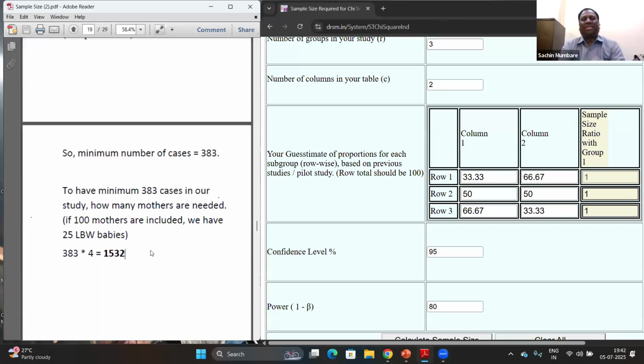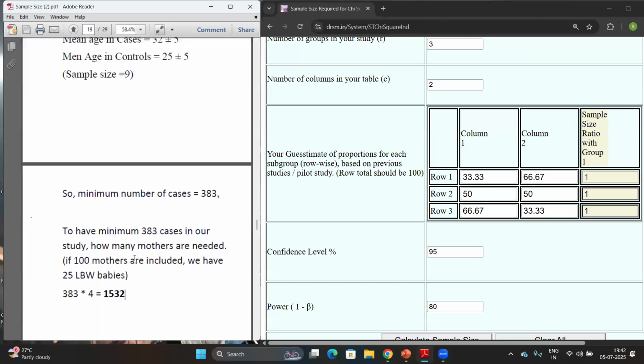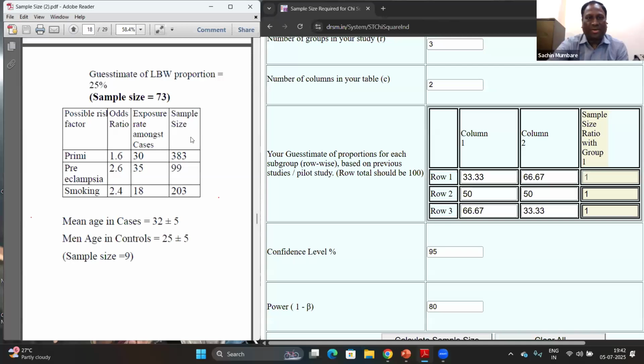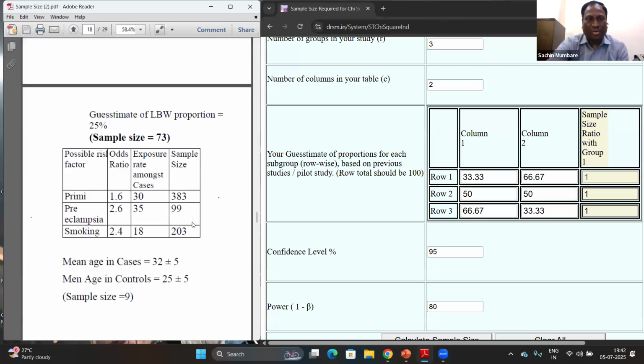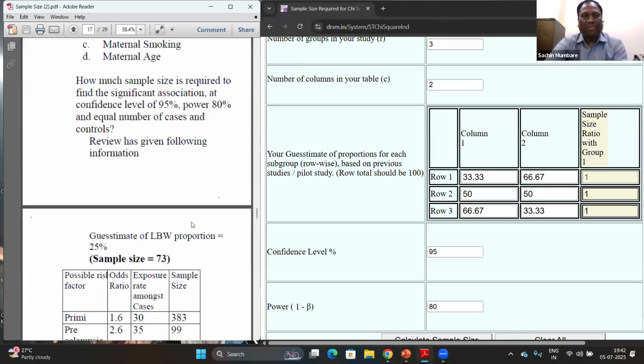But if you think this is too much and not feasible, what will you do? What will you do to reduce the required sample size without affecting your power and your confidence interval? The ratio of cases to controls. So instead of taking 1:1, because the proportion is 25% of low birth weight babies, for every low birth weight baby you will have 3 normal weight babies.